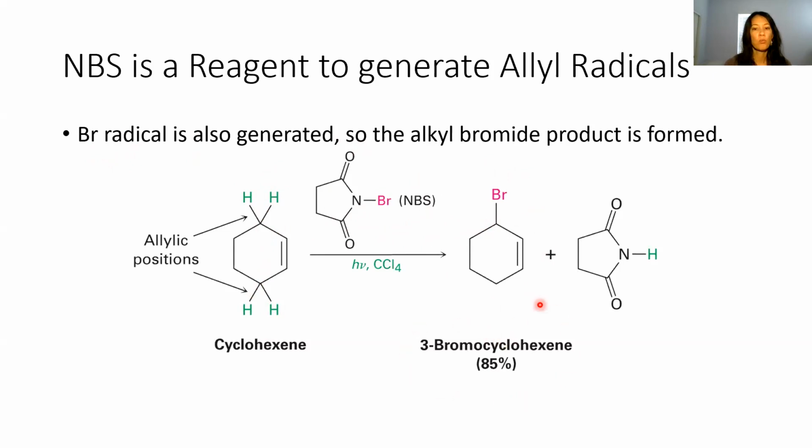These work really well, you get a really good yield. So this is a really nice way to install bromides or other halides into an alkene, and obviously you could do other alkene chemistry with this afterwards, or possibly other alkyl halide chemistry with this afterwards.